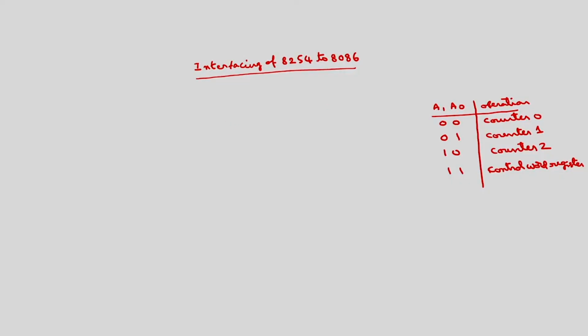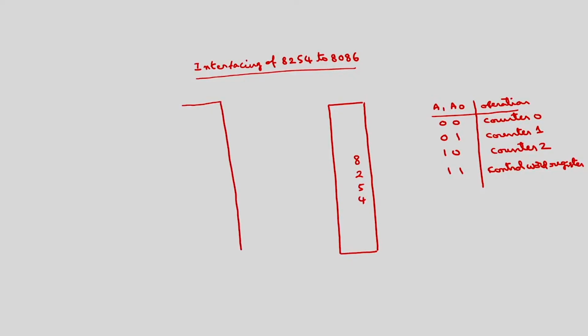So if I take this 8086 and 8254, this is 8254, this is 8086, the A0 A1 of both the devices will be connected together.